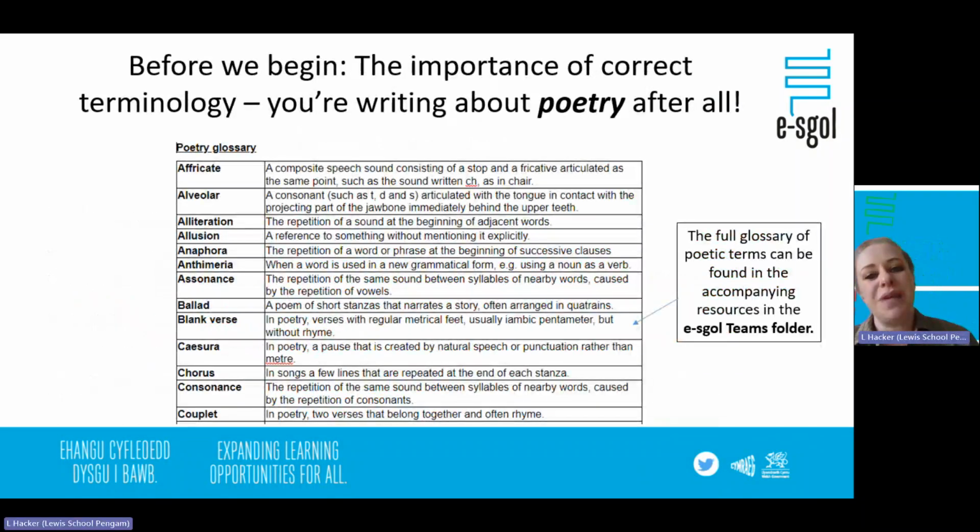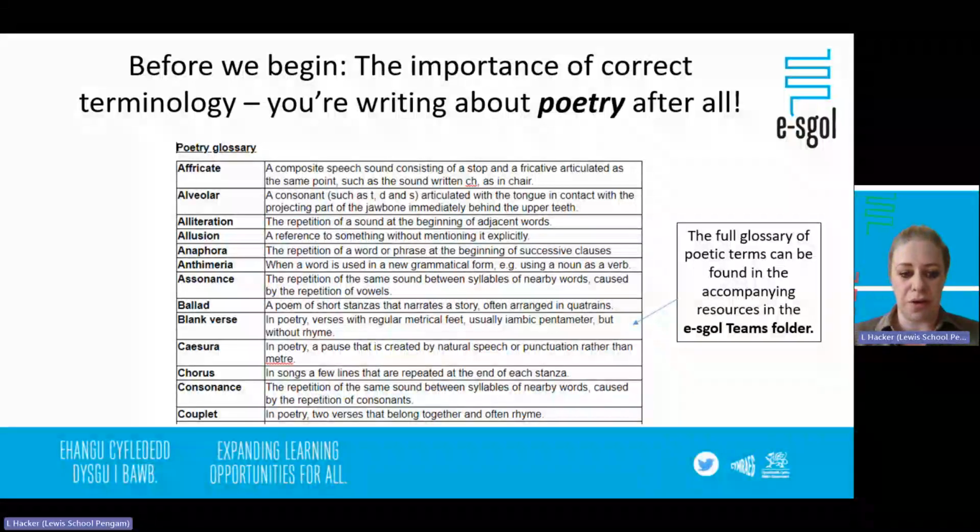Okay, so before we begin then, the importance of correct terminology, and I cannot stress this enough, you are writing about poetry and poets after all. So to ensure that we are hitting that assessment objective correctly, we must make sure that we are using the correct terminology.